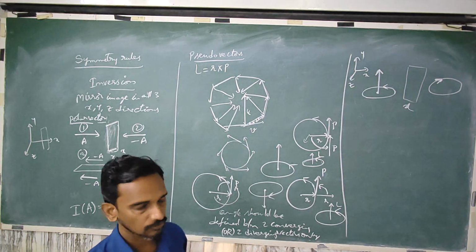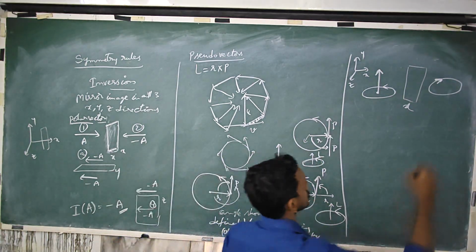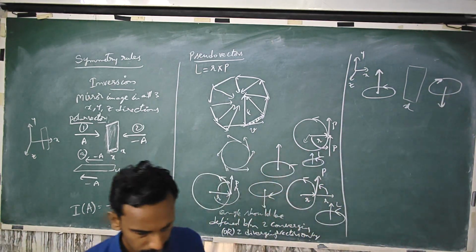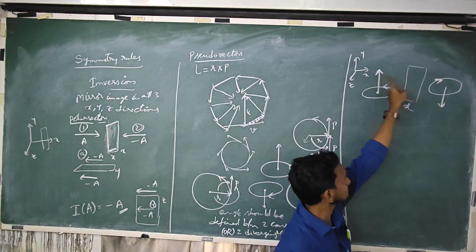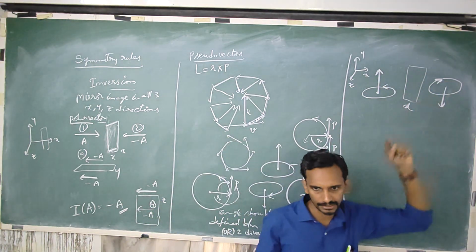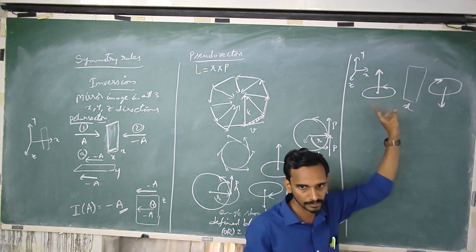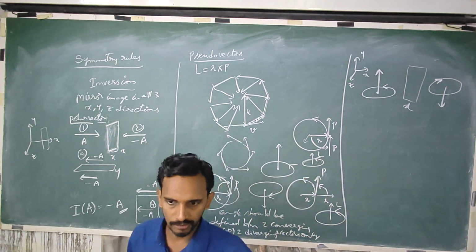Then what is the direction of the vector? Downwards. It looks clockwise, so it shifts downwards. So you have to see only the object motion. You are not mirror imaging the vector, you are mirror imaging the object only. The vector direction will be decided later.